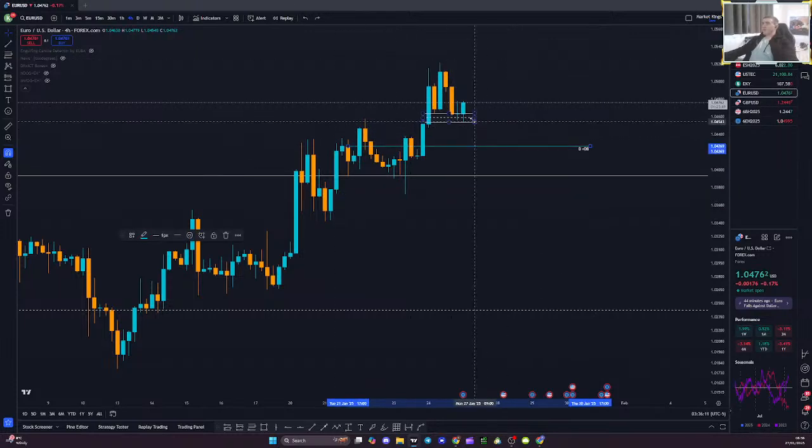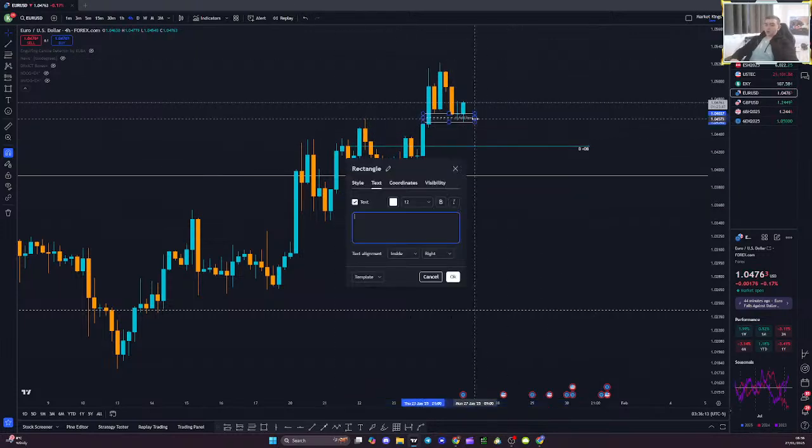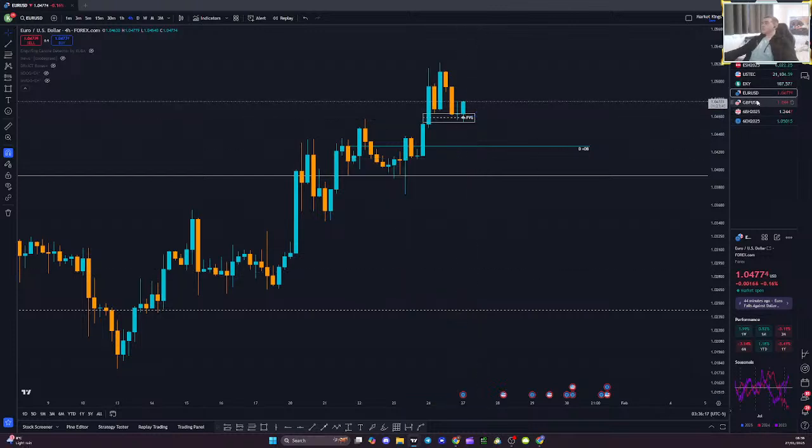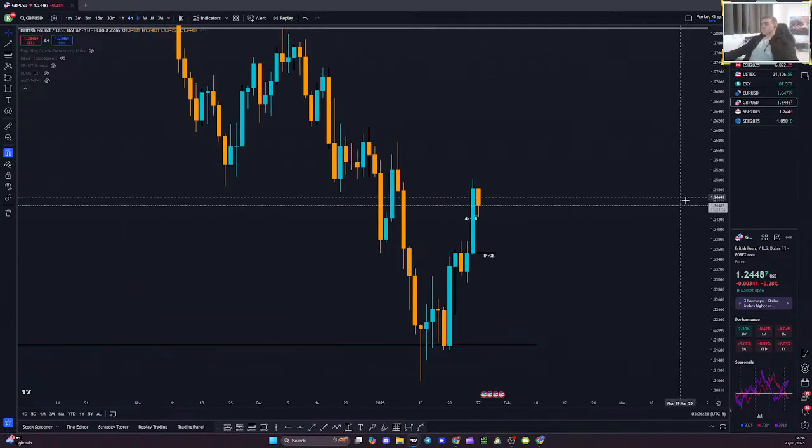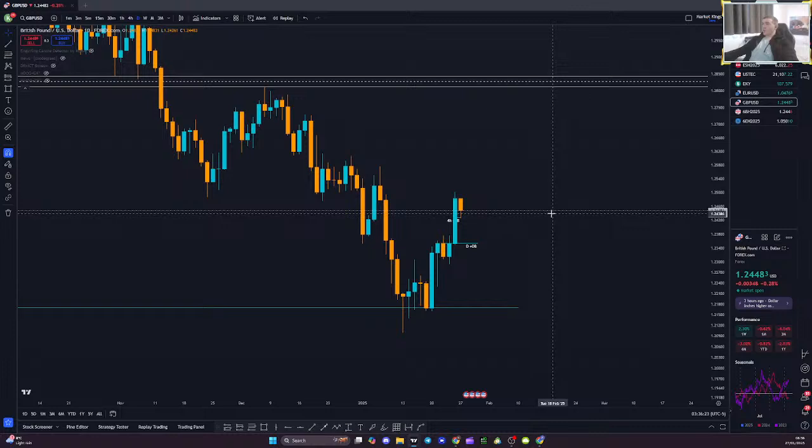Oh shit. And then for our fair value gap. So if we do start going from here, what are these cuts doing? For now, previous weekly high would be the target for me.